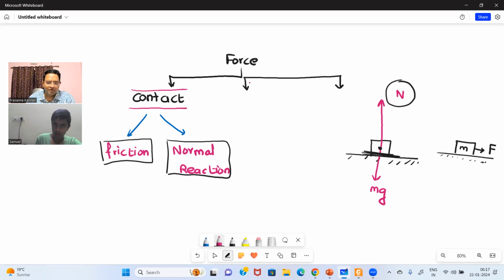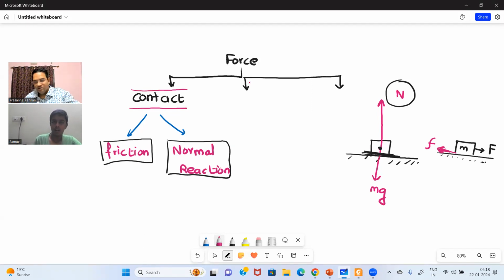Friction opposes the relative motion between the two surfaces. So friction acts tangentially. If I try to move the object to the right, friction acts towards the left, opposing its motion.